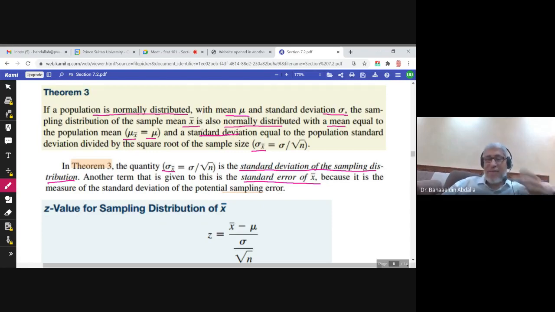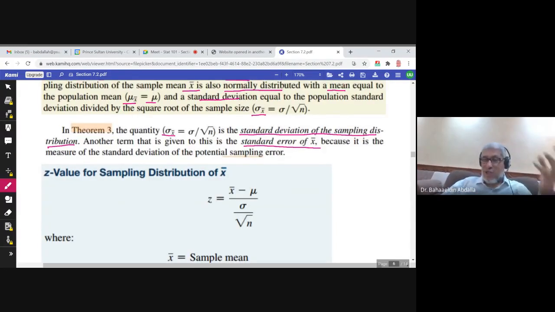So X bar is a normal distribution. The distribution of X bar is normal, and we can ask the same questions. If we want to find the probability of X bar greater than or less than, how would you change X bar to Z? Because usually in chapter 6, we change X to Z to find the probability.